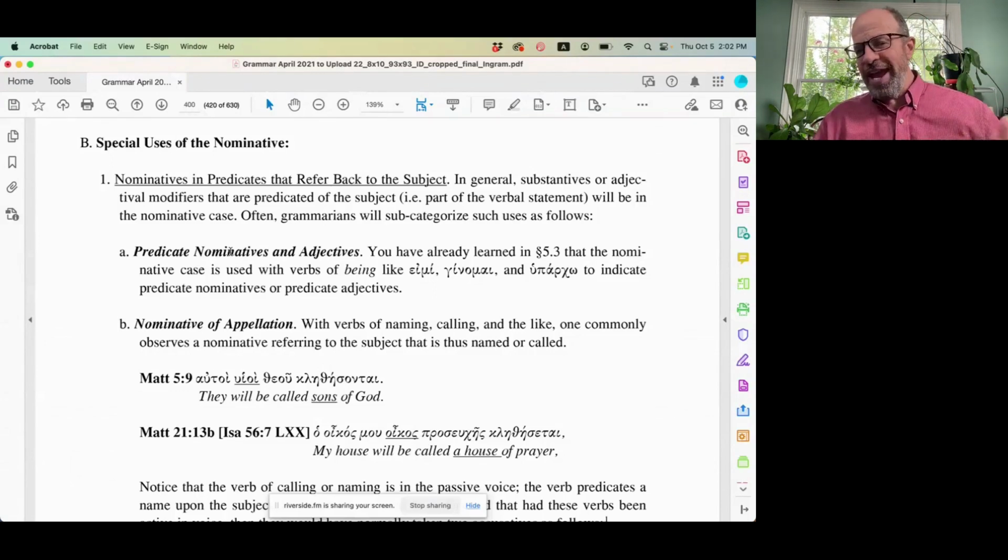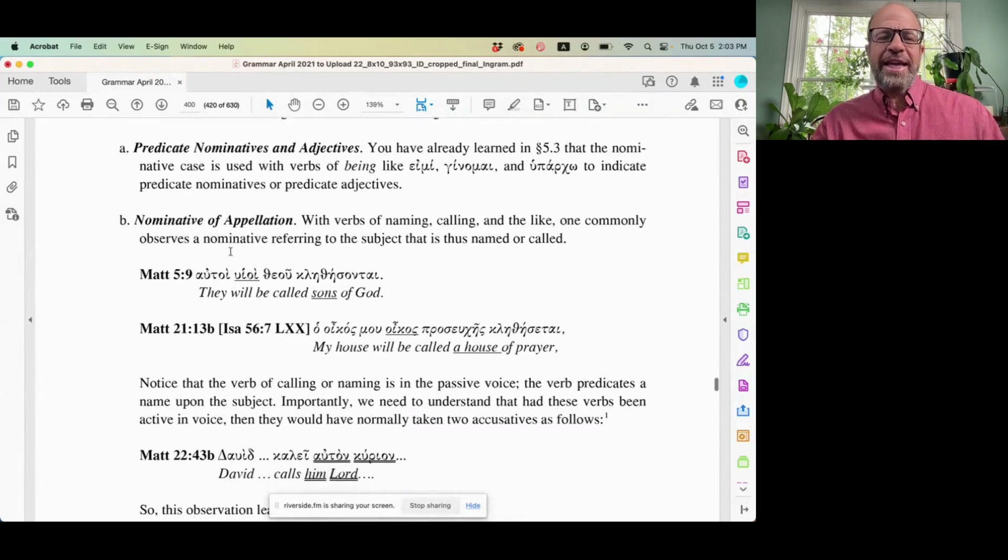You can also have adjectives that are referring back to a subject. So you might say the apostle is righteous. So righteous is an adjective, dikaios, and so that would be also nominative. You also have what's called a nominative of appellation.